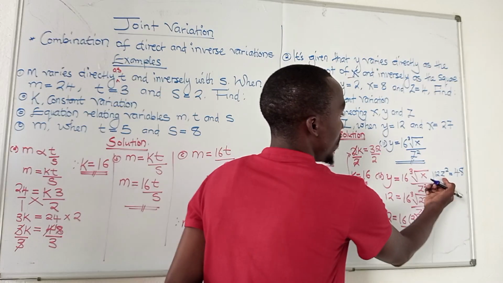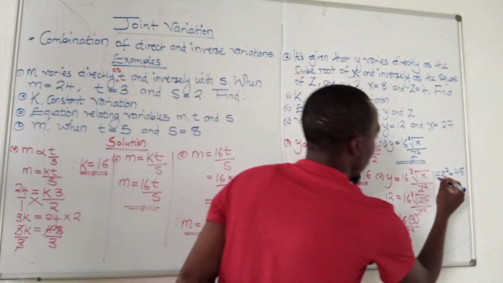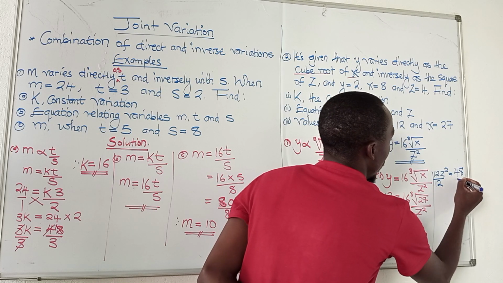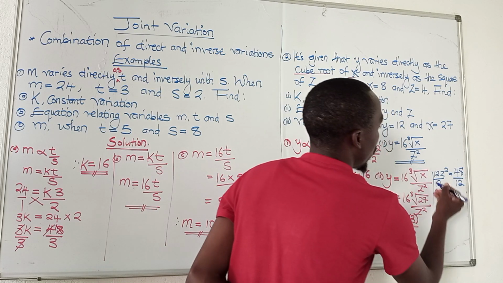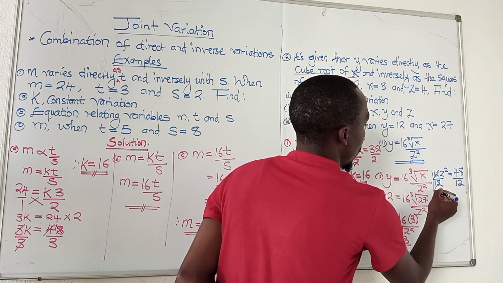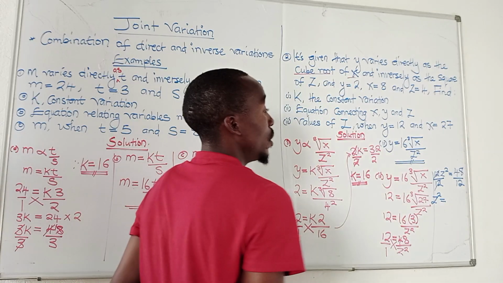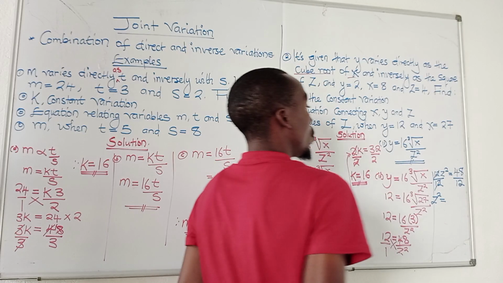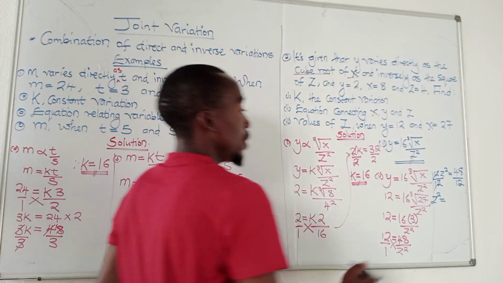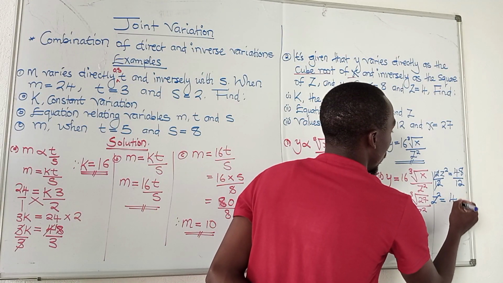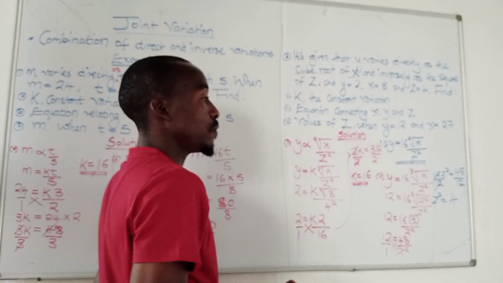Okay? How do we make z squared the subject? We divide both sides by 12. So this will cancel and that will cancel. So you have z squared is equal to, now how many times does the 12 go into 48? It goes in 4 times.